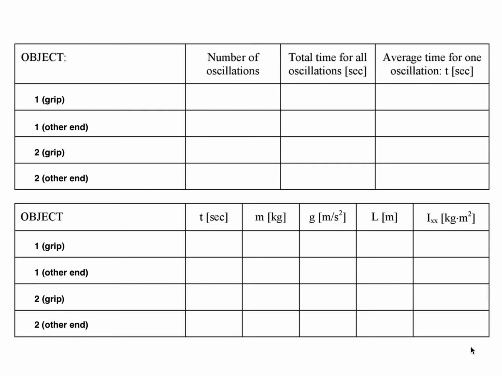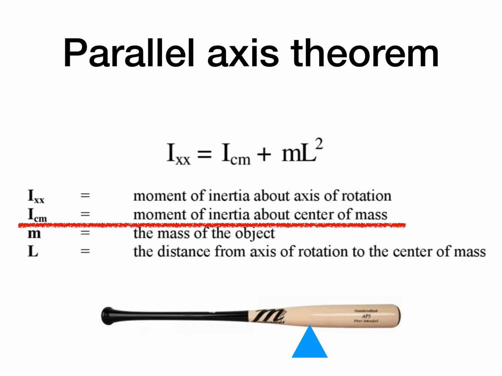All right, that's exercise 1 for this lab. Then we can go to exercise 2, which is related to the parallel axis theorem. Sounds pretty complicated. You don't need to remember the name. That just gives you an idea of how we calculate moment of inertia when we want to change the axis of rotation. Look at the equation first. Ixx is the moment of inertia about the axis of rotation.